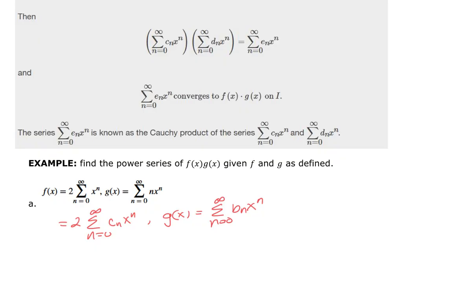Now, b sub n happens to be n here, and c sub n actually is 1, so b sub n equals n and c sub n equals 1.